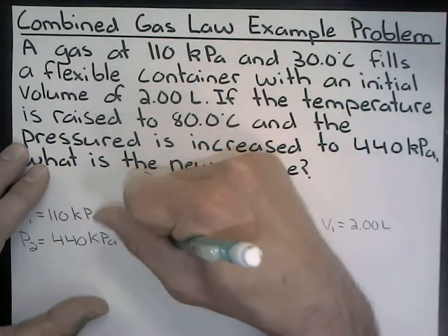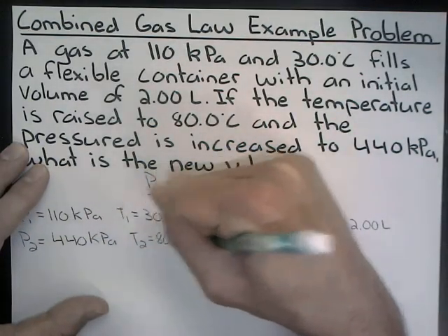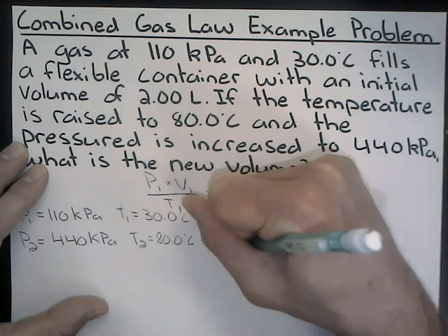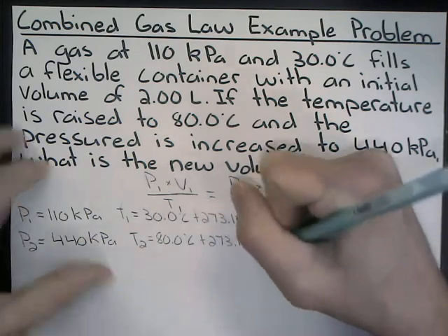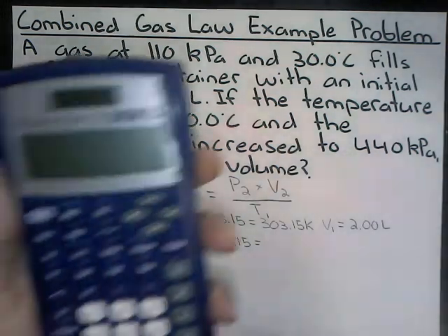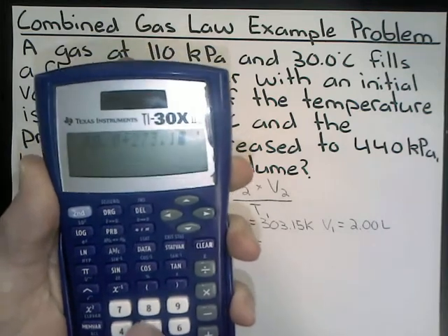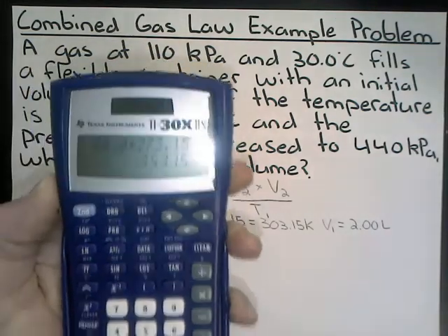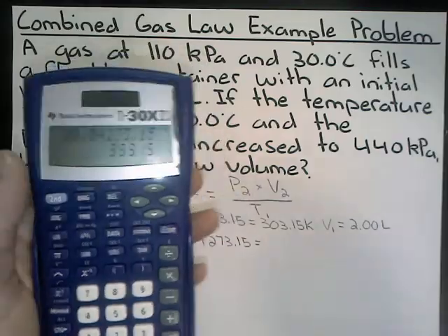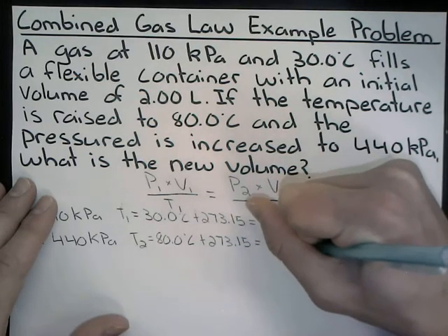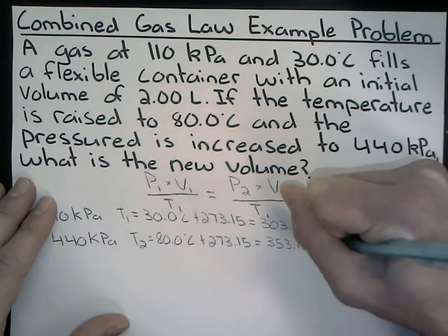Again, we can't have a temperature in degrees Celsius, so we have to add 273.15 to convert to Kelvin. And so we end up with 80.0 plus 273.15. We press enter, and we get a temperature of 353.15. And that is in units of K for Kelvin.